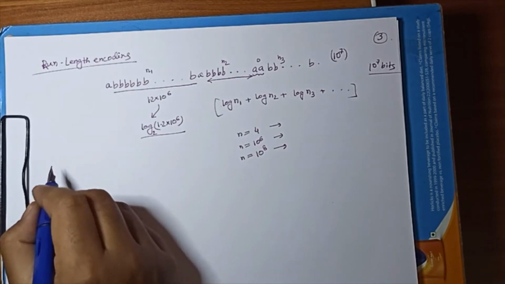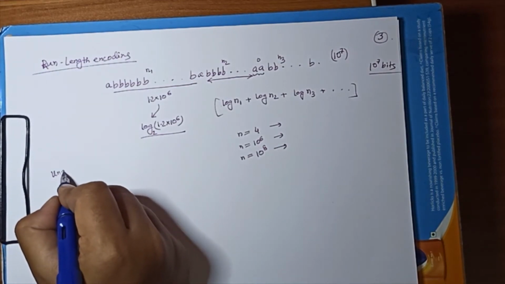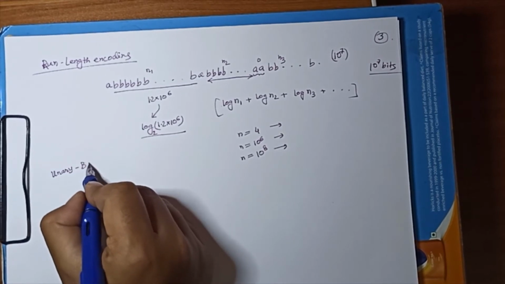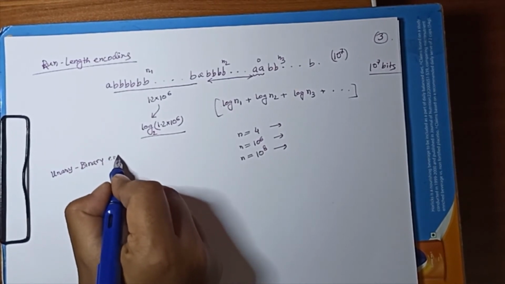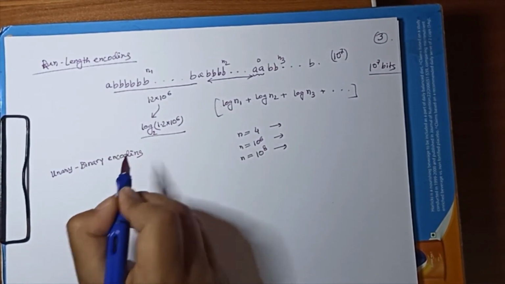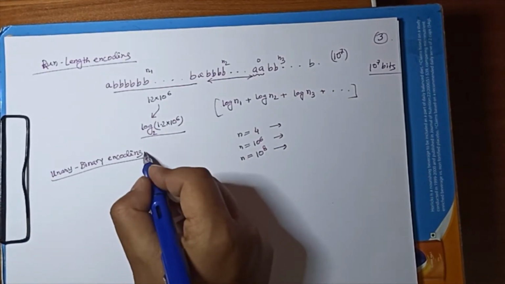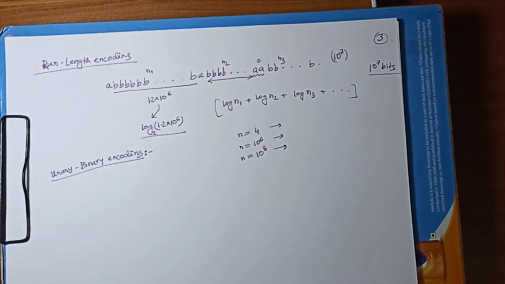Rather, we can take some unary binary encoding which will not require any fixed length of the bit stream. Rather, this is a prefix free method by which I expect the number to start at 1, the MSB will be 1, and whatever be the length of that binary stream, I will precede it with n-1 number of zeros.